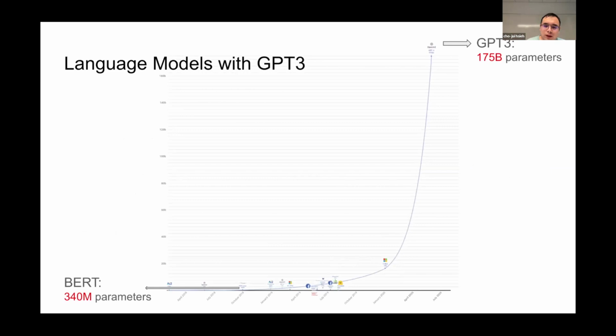So this is a historical plot for the size of the models. Before 2020, I think you guys already heard about the BERT models and some earlier transformer models, and those are kind of here.